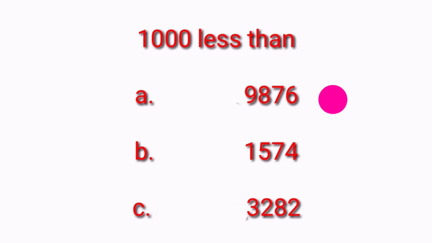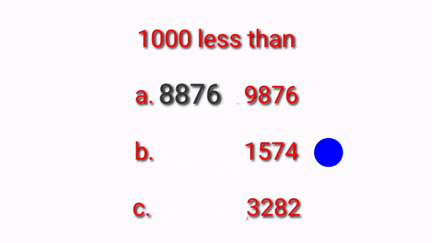We will get the new number by subtracting 1000 from 9876. We write it down as 9876 minus 1000 equal to 8876.